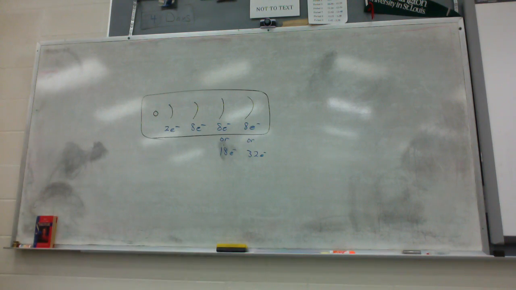Now, you guys have done this before where you drew little electrons in, right? Never, ever, ever do that again. One, you wasted your time doing that. Two, more importantly, I would waste my time counting them. And I'm not going to do it.